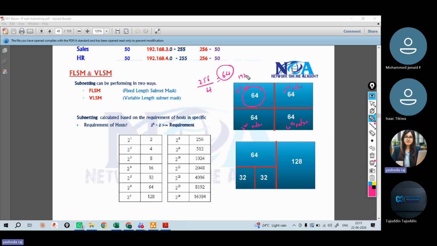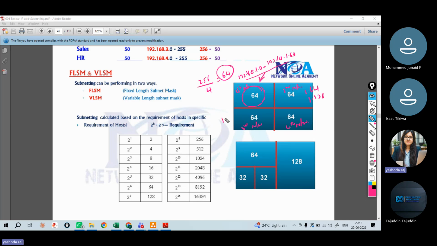I say 192.168.1.0 to 192.168.1.63. I'm going to give it to the first network. Again, 1.64 to 1.127, I give it to the second network.